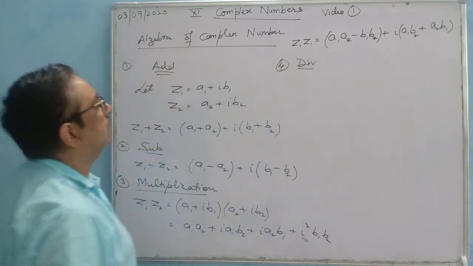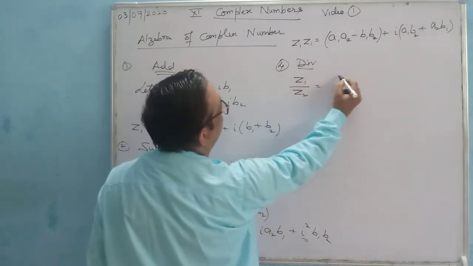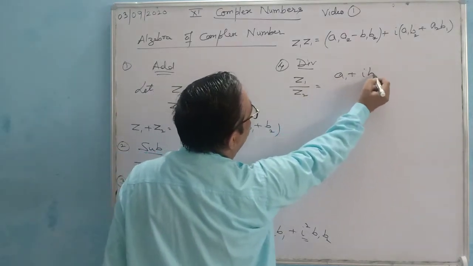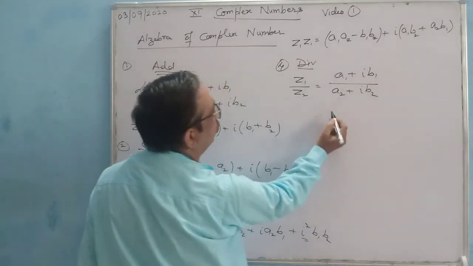Now, the fourth algebra is division. In case of division, Z1 upon Z2 is a1 plus ib1 over a2 plus ib2.